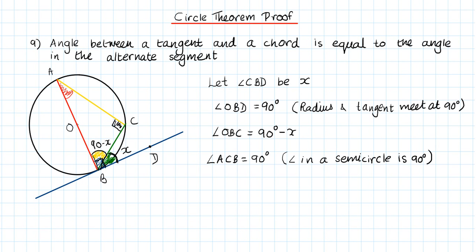Now we are going to find out the size of angle CAB, which is this angle here. CAB will be equal to 180 degrees minus (90 degrees plus 90 minus x). Basically we're looking at this triangle, so we can add these two angles up and subtract from 180 to find this one. The reason for that is angles in a triangle add up to 180.